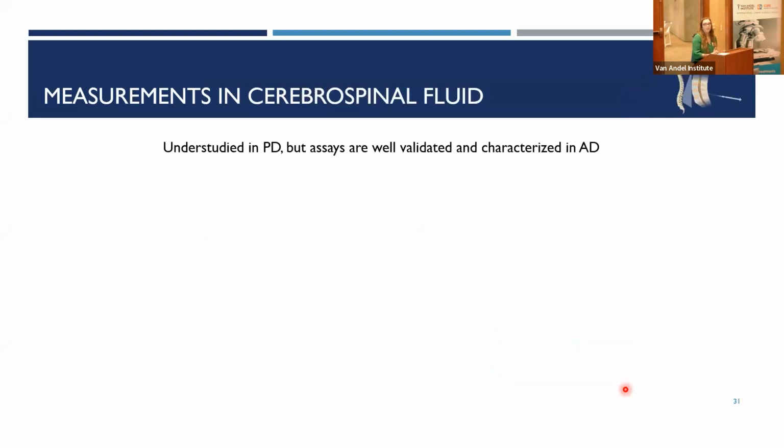When we're talking about cerebral spinal fluid, this is a lot more understudied in Parkinson's disease. There's, I think, 2 studies that I was able to find that actually looked at this, and the results weren't very convincing. But again, these are well validated in Alzheimer's disease, these studies and these assays and tests.